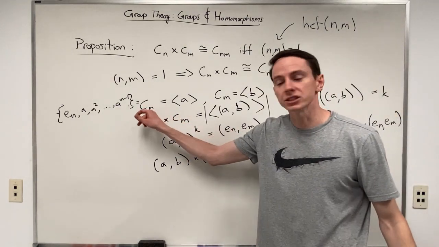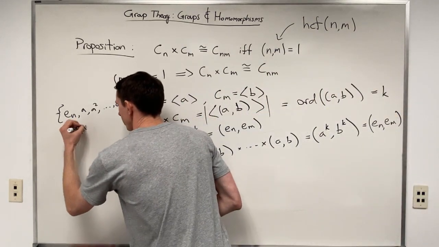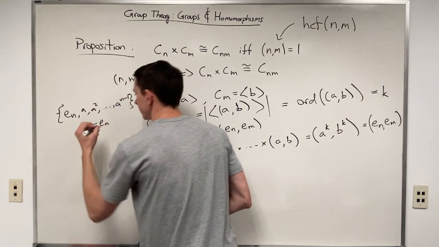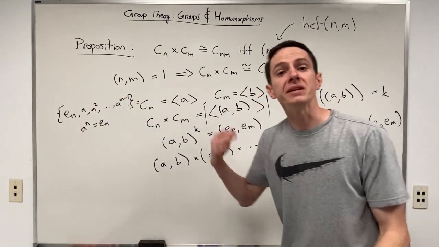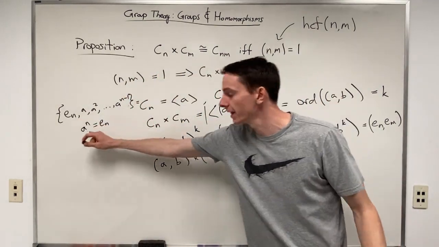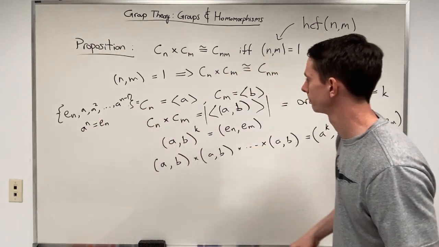And this group has the property that if we take a, raise it to the nth power, it's going to equal the identity. That's what it means to be a cyclic group. That's how its elements behave in this group.